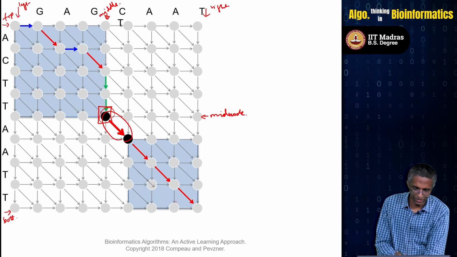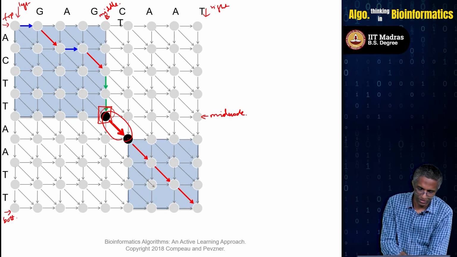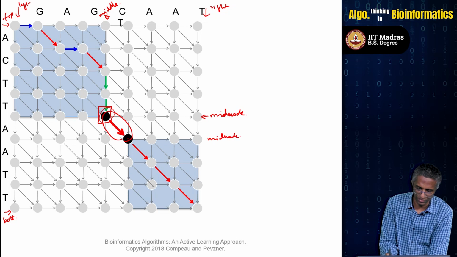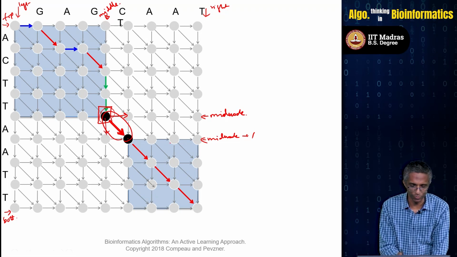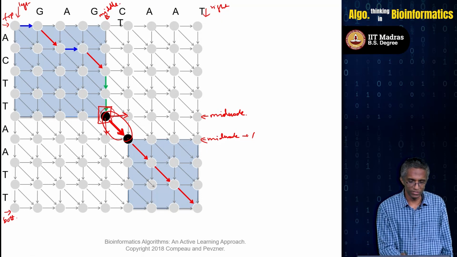And similarly, here it's going to depend on this edge. If this edge goes down, then the starting row is going to be middle node plus 1. If the edge goes like this, then it will stay at middle node. If the edge comes down here, again it will be middle node plus 1. So this blue subproblem will depend on what the middle edge is, whether it is the horizontal edge, the vertical edge, or the diagonal edge.